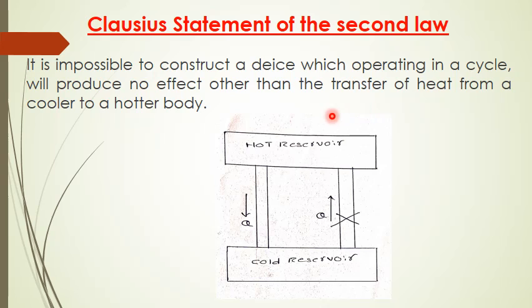I repeat this statement: it is impossible to construct a device which, operating in a cycle, will produce no effect other than the transfer of heat from a cooler body to a hotter body.